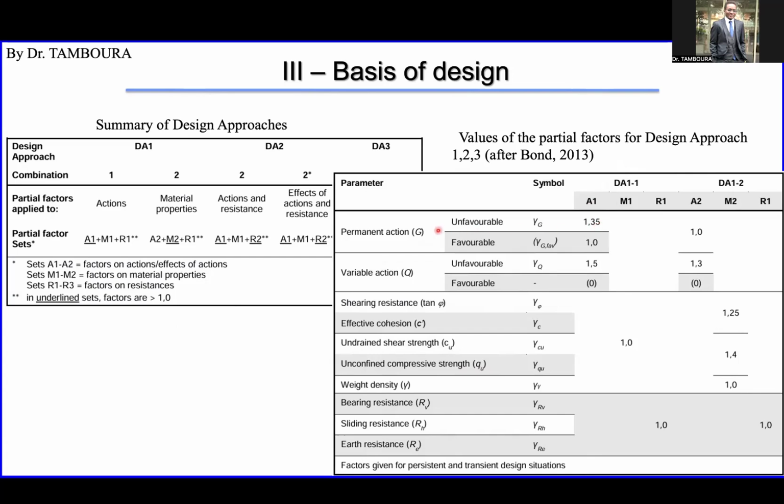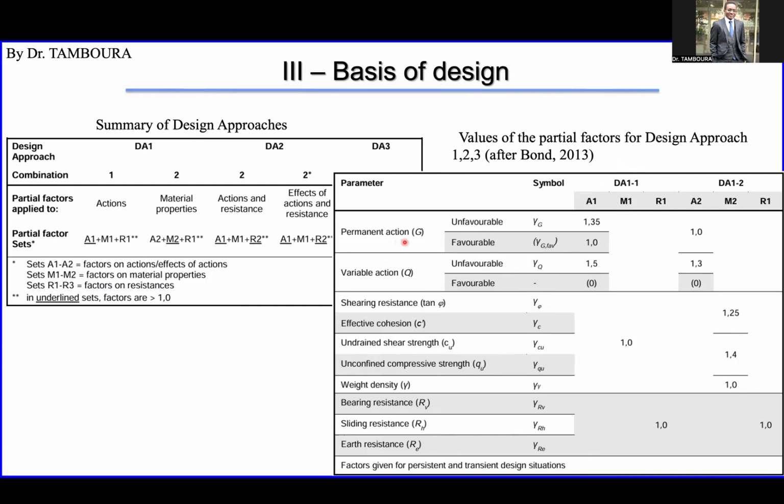You can see here 1.35. This is the partial factor for permanent and non-favorable actions. This means you will take the value of the action. When I say action here, it is load, and you multiply it by this value, this 1.35, if the load is respecting this condition, permanent and non-favorable.